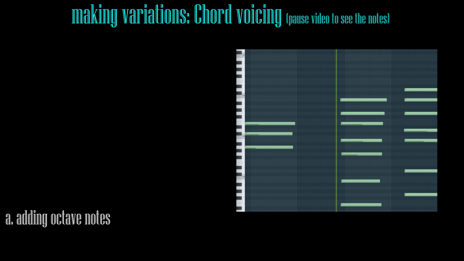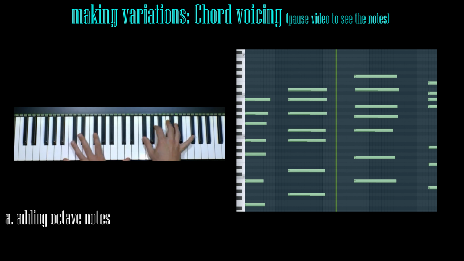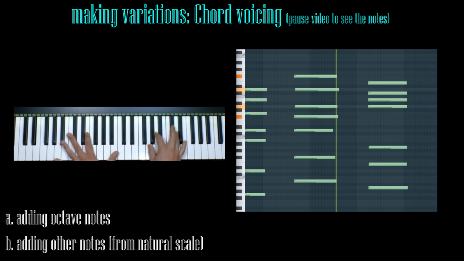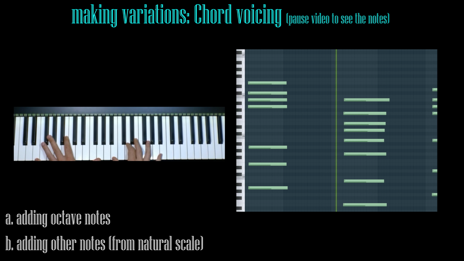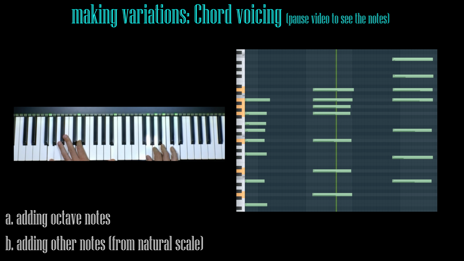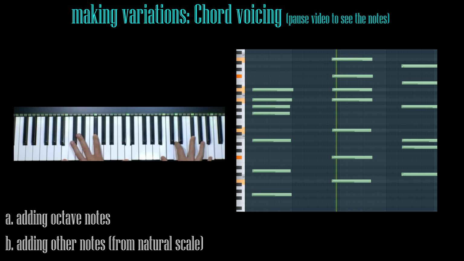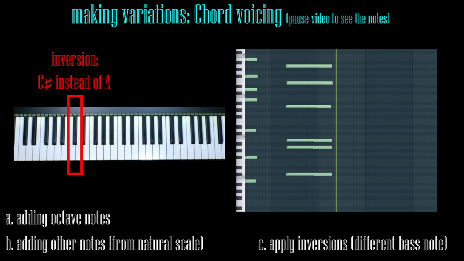You can either add notes an octave higher to make the chord bigger, or add other notes from the scale to make the harmony thicker. Or apply chord inversion. Like so.